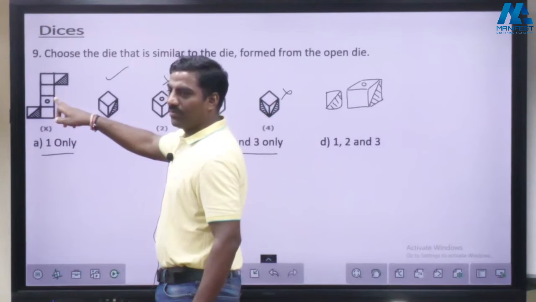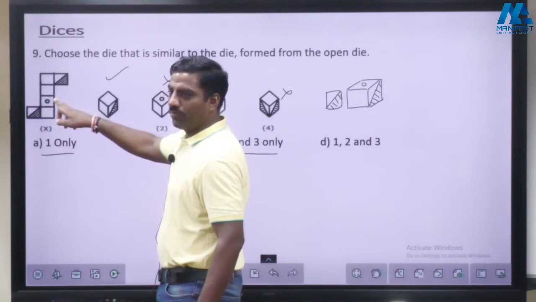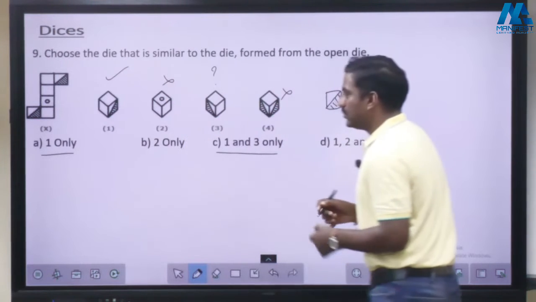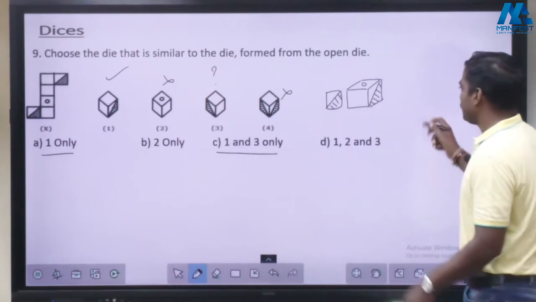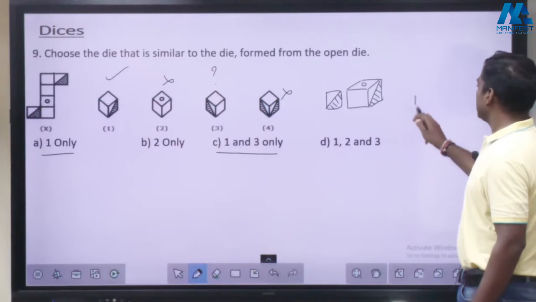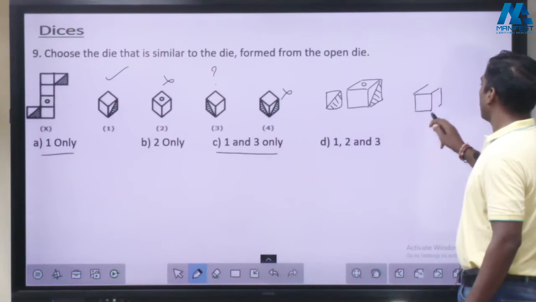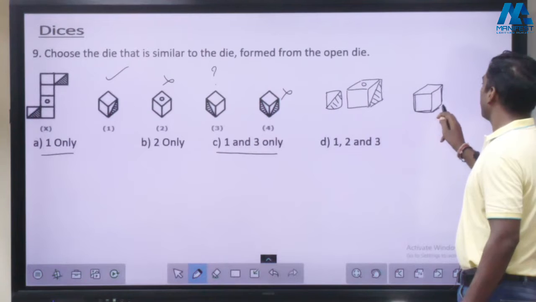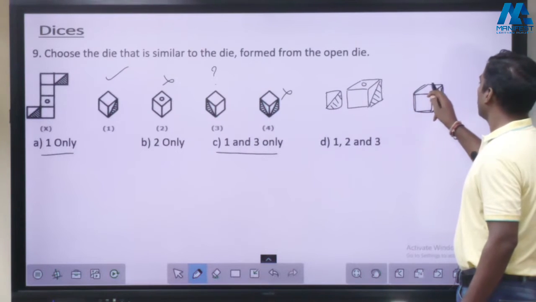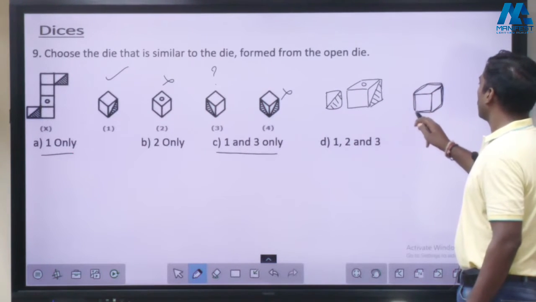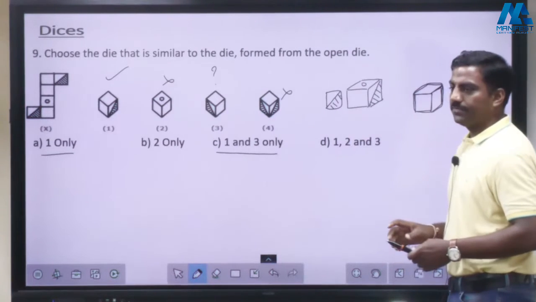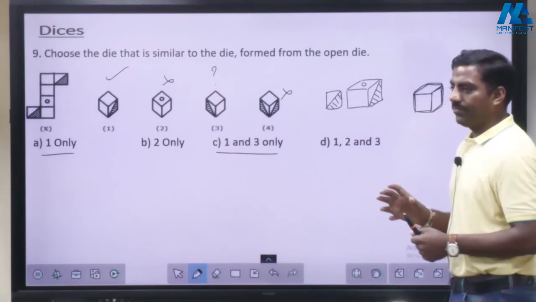Forget about this dot. We are not worried about the dot now. Forget about the dot. Only target two blanks. Two blanks and one shade.